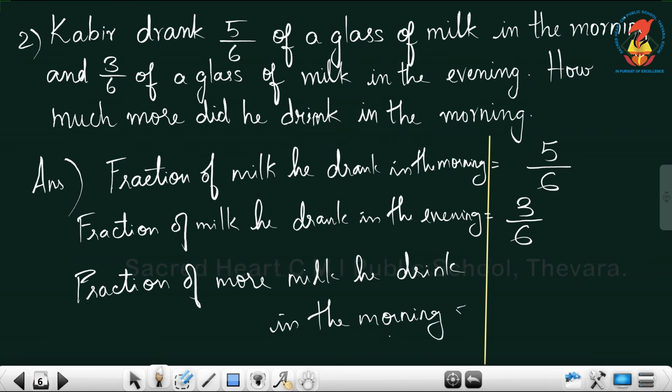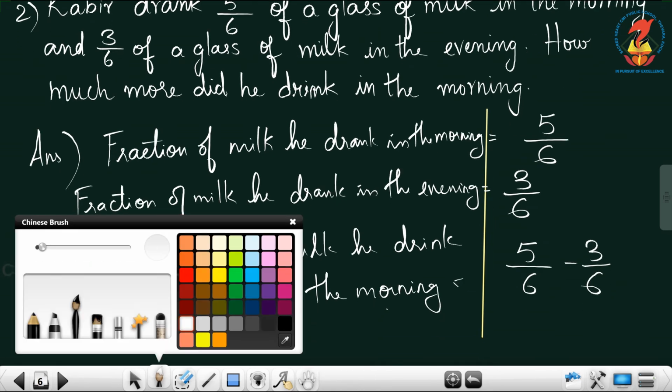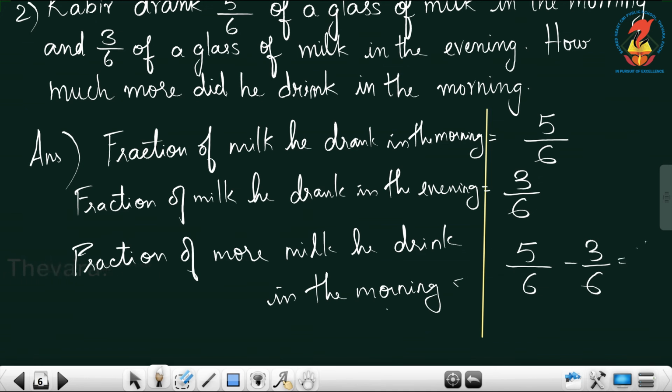So, you write as fraction of more milk he drank in the morning, it's 5 by 6 minus 3 by 6. How much it is? You get as 5 minus 3, it's 2. 2 by 6 of glass of milk he has drunk more in the morning. Now, let's move on to the next one.